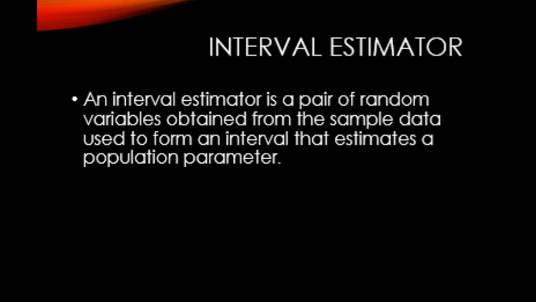So instead of saying that the mean value x bar is 3.5, let's say, we will give the inference or the estimate in terms of an interval. We will say that the true value of the mean is between 3.2 and 3.8. So instead of one value, we have an interval.